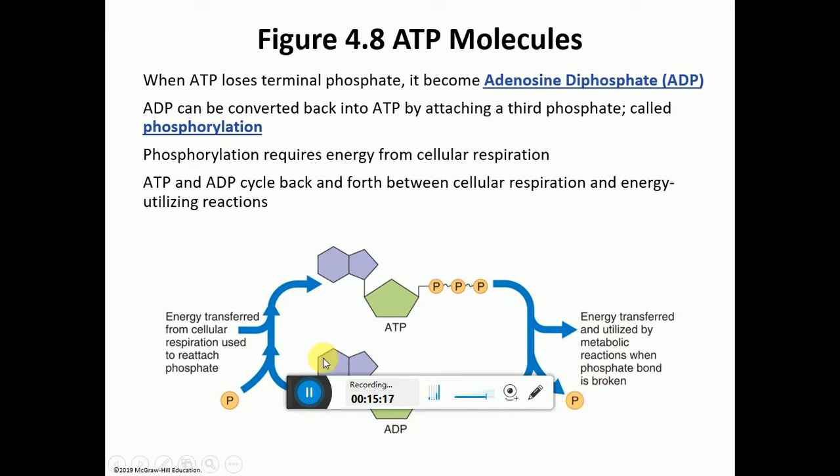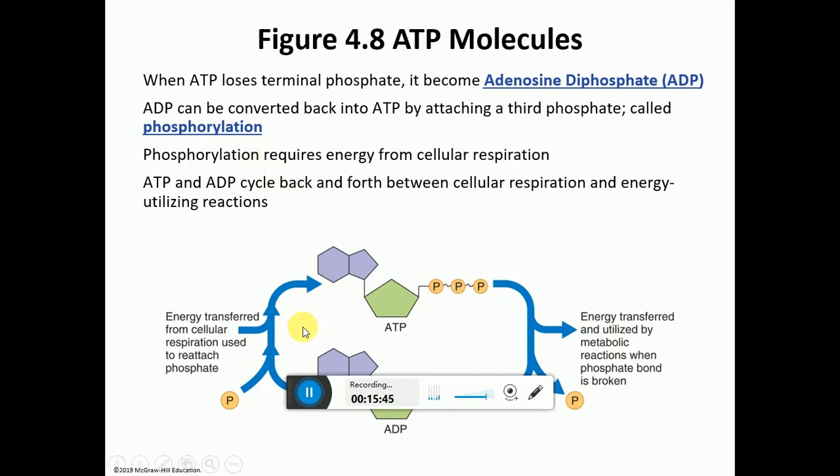So you'll make the ADP plus phosphate, releasing all the energy that was in that link right here. When you want to build back that ATP, you'll take the ADP molecule, add the phosphate to it, and store all that energy back, making back your ATP.